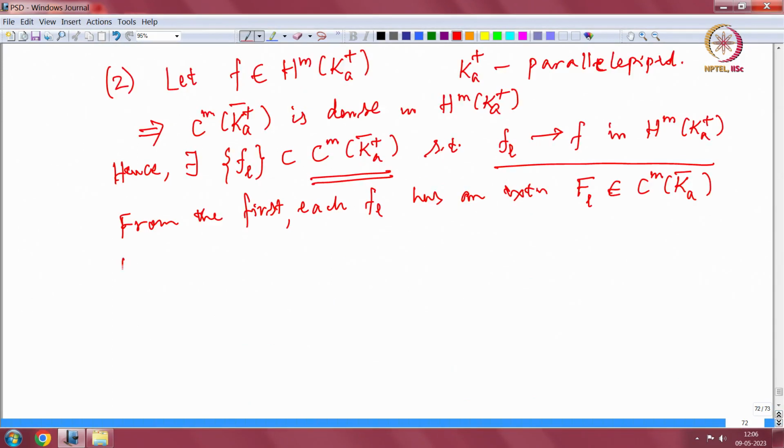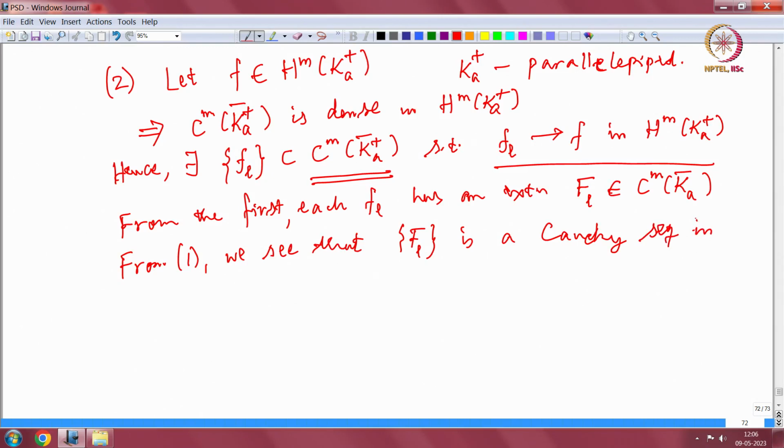So from 1 we see that the sequence FL is a Cauchy sequence in Hm Ka.